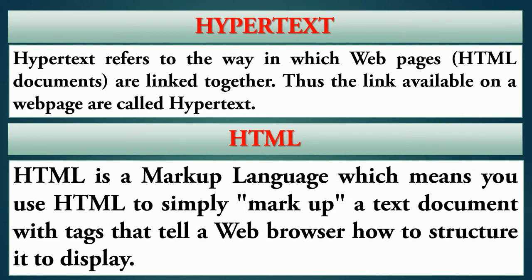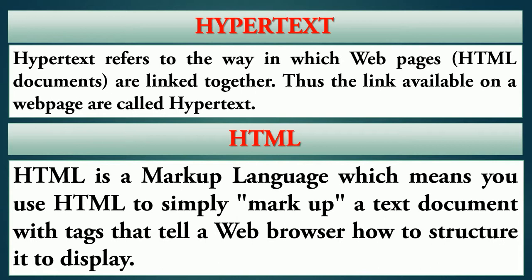Now, I will explain a terminology, that is hypertext. Hypertext is basically when you see there are so many web pages on the internet and they are interconnected with each other. When you click on one text, it will open another web page or it will open another image or some other links.